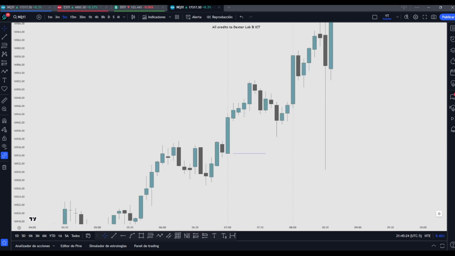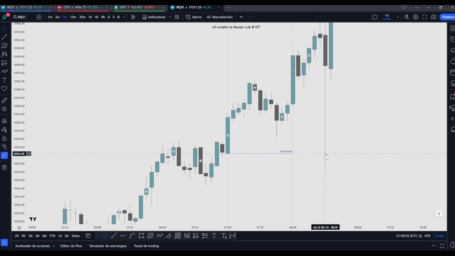Let's look at some other example. Here we have another NQ example of devil mark on our 7:00 AM open candle, which would be a 1 hour power of 3. You can see here it's a missing low once again, but this time the devil mark fails to trade it and print it.